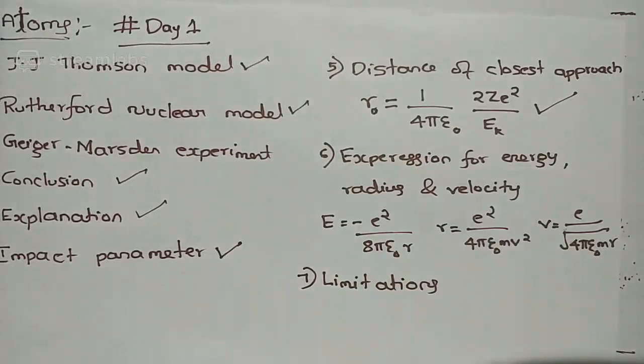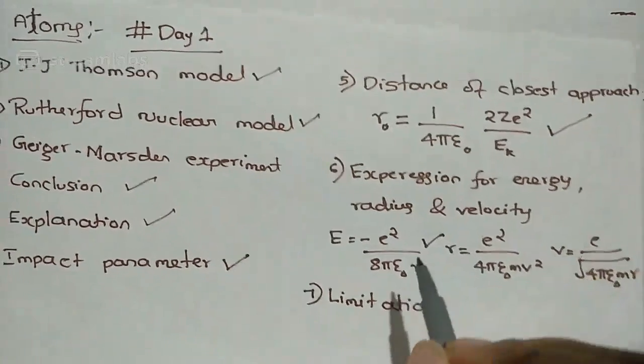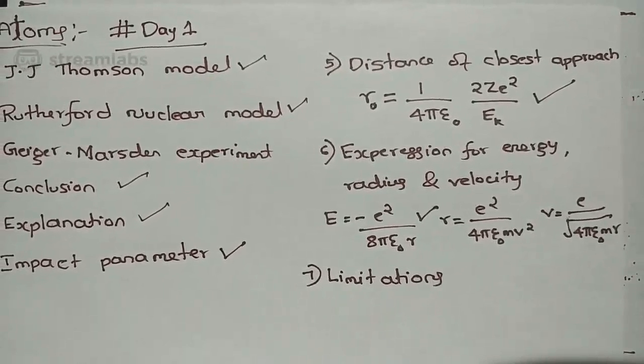Then using Rutherford's model, you found the expression for the energy of the electron in its orbit, that is minus E square by 8 pi epsilon naught R. There the significance of the negative sign we have also discussed, that is the electron is bound to the nucleus.